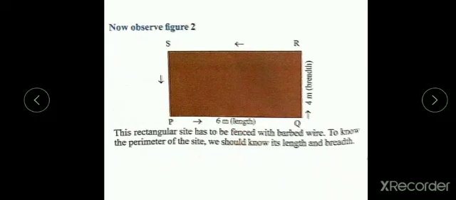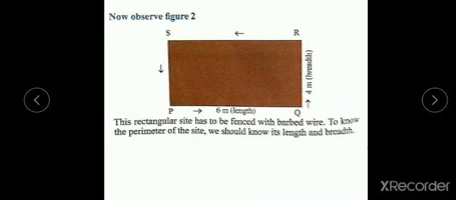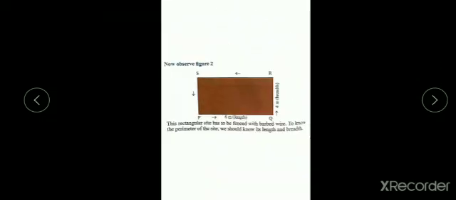See here. If I have to build a compound around this site PQ, QR, RS and SP, I should know the total distance of the rectangle.